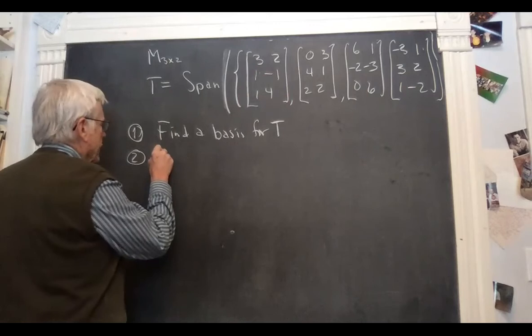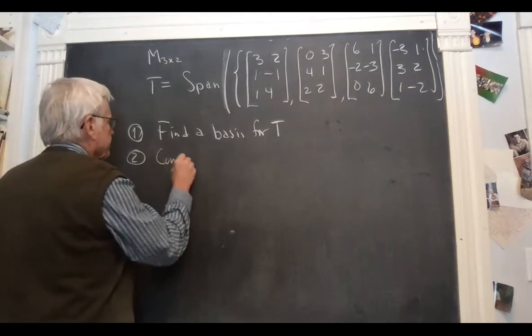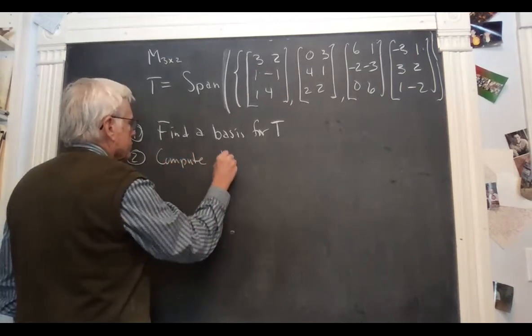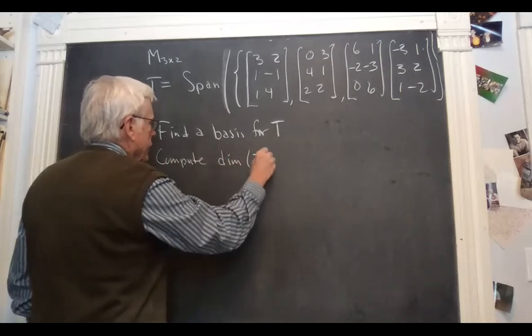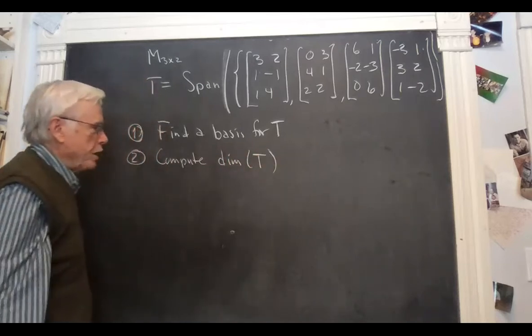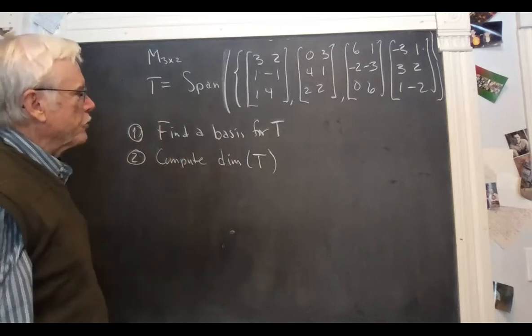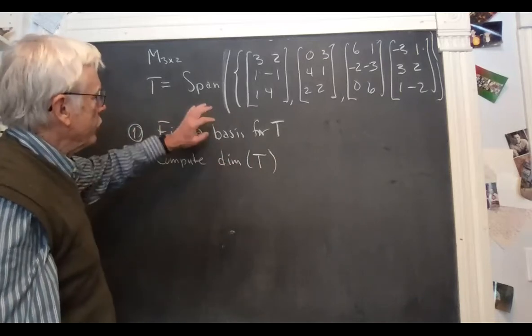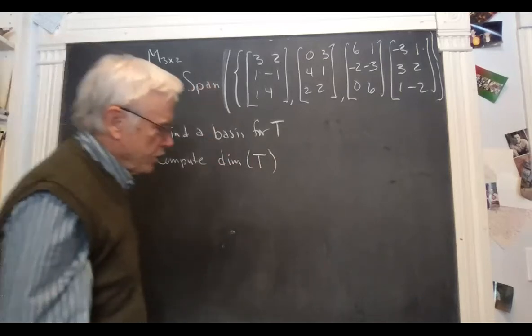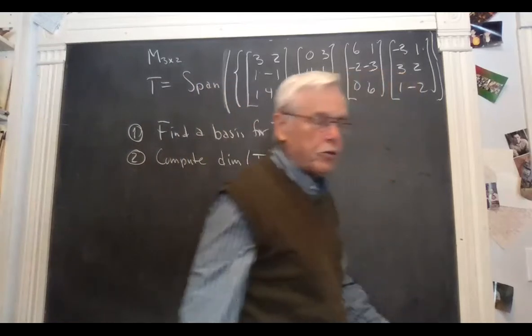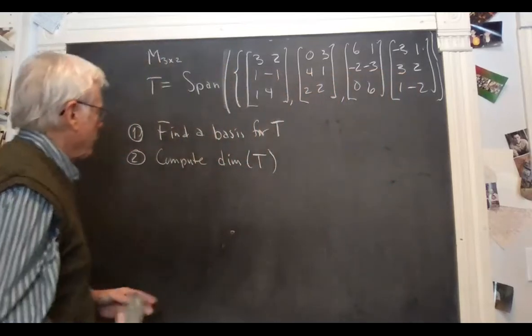Or I could say, compute the dimension of T. So again, you've got to find a basis for T and then just count the number of things. This kind of question can all be answered in the same way. And I wanted to show 2 ways to do this.